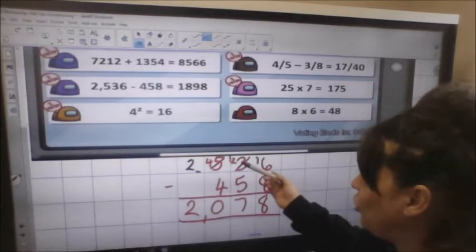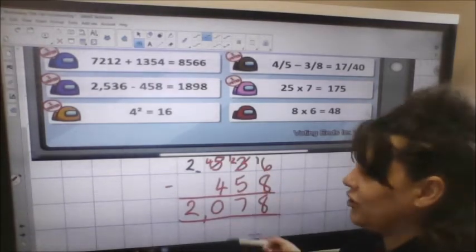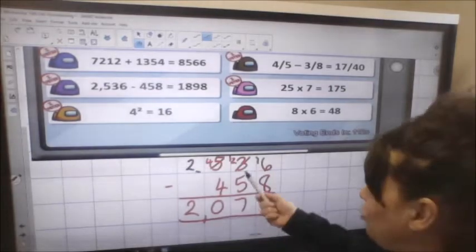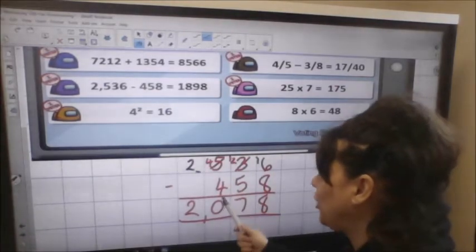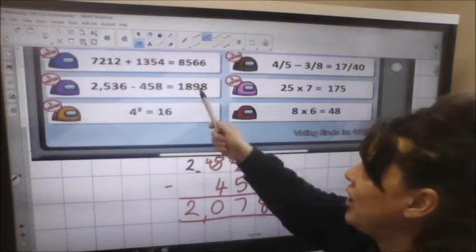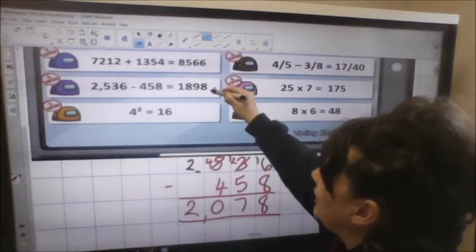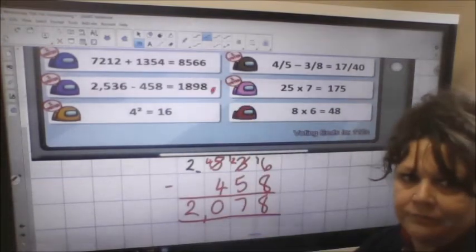Then I've now got 2 take away 5, not 3 take away 5. So 12, I need to knock next door. I get 12. 12 take away 5, 7. 4 take away 4, 0. And 2 take away nothing is 2. So I don't get that answer. There, I've proved that that's my second imposter.